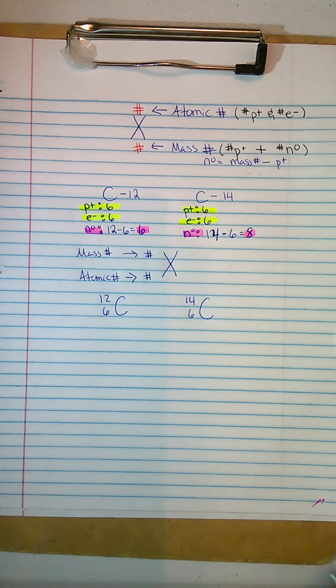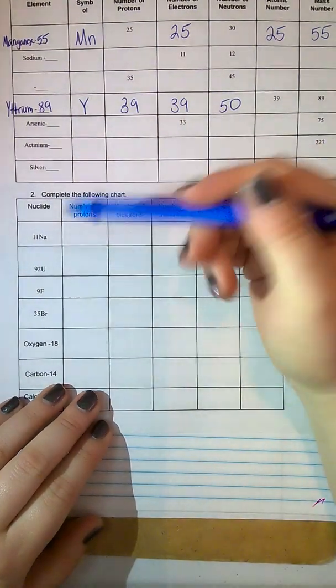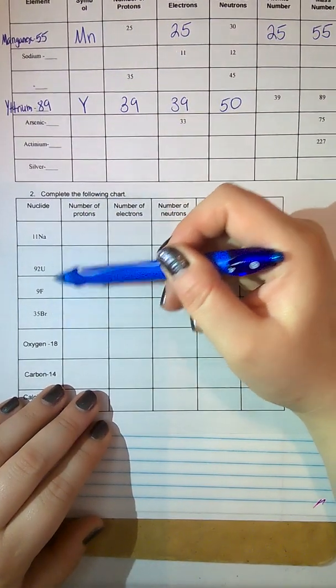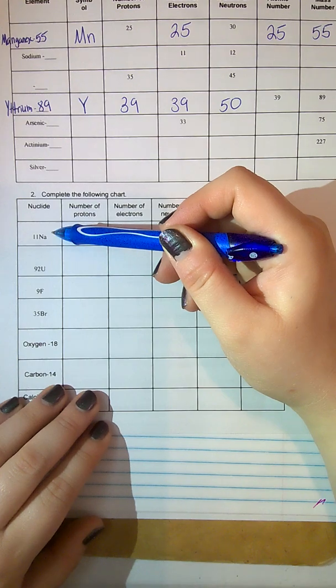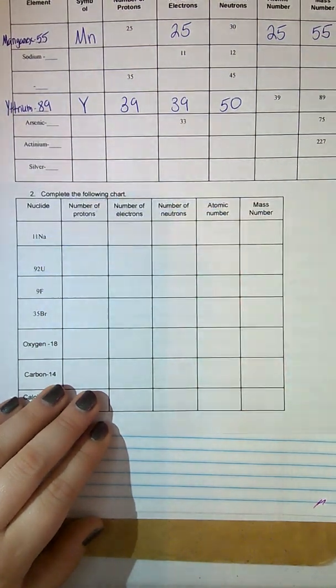Okay, so keeping that in mind, let's take a look at our table. Now, when you are looking at these four, just keep in mind that you need to go back and add the mass number up here. Okay, so that kind of follows the structure as well.